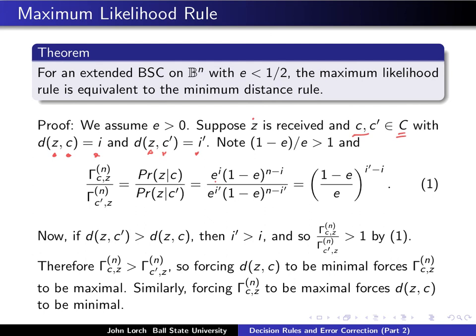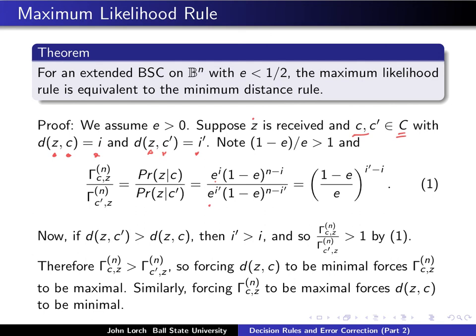And so the probability of such a thing is e to the I prime. The remaining n minus I prime slots have no bit flip at all, and the individual probabilities there are 1 minus e. So in total, we have a probability of (1 minus e) to the n minus I, contributed by the slots where there is no bit flip.